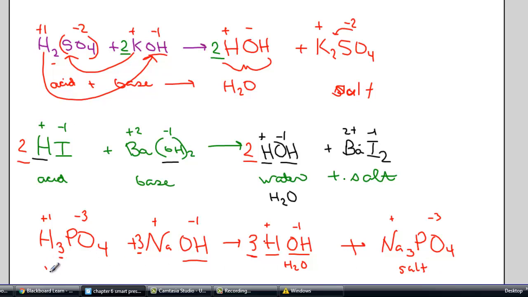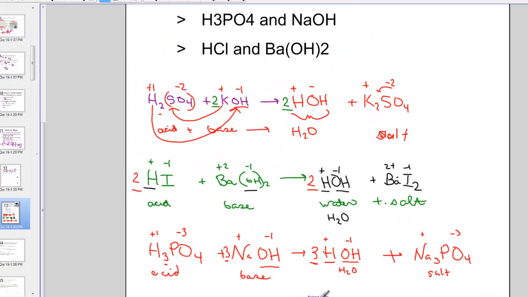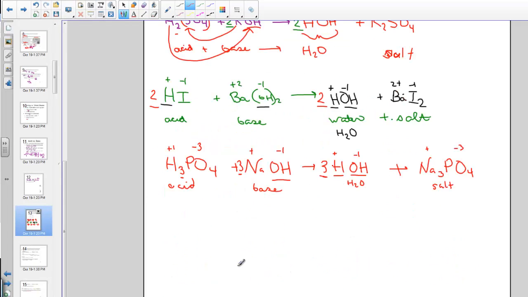When an acid reacts with a base, we produce a salt and water. And there's one more on here. We have HCl with barium hydroxide, and that's your last one for this homework slide, so we might as well finish it. We have HCl with barium hydroxide, BaOH, taken twice.